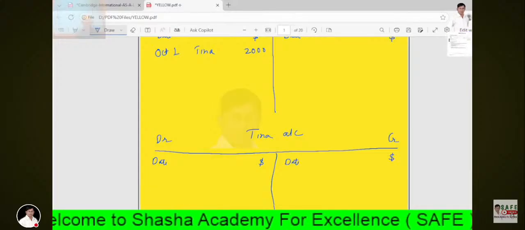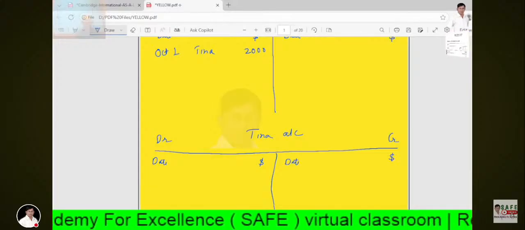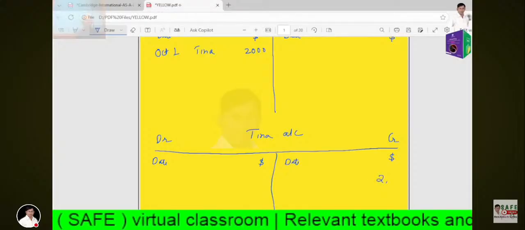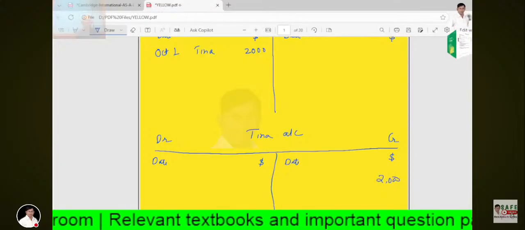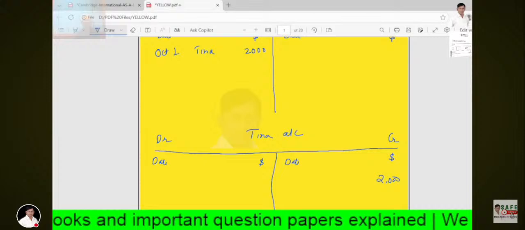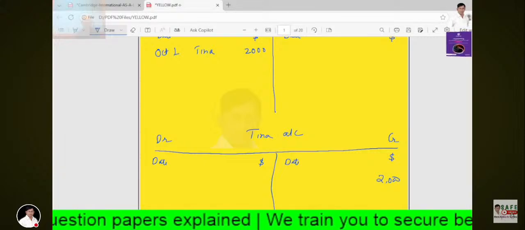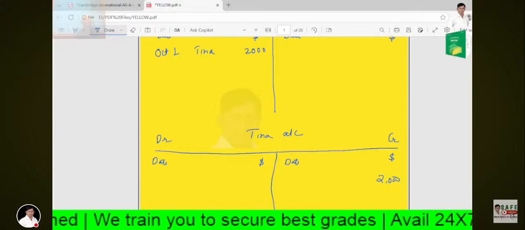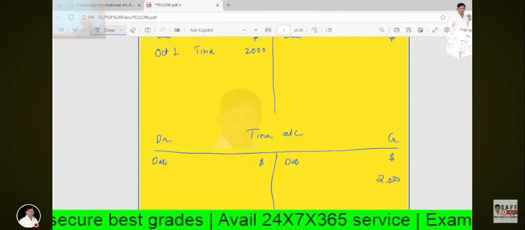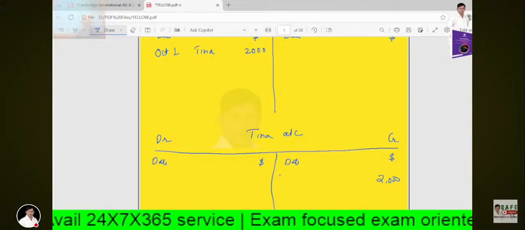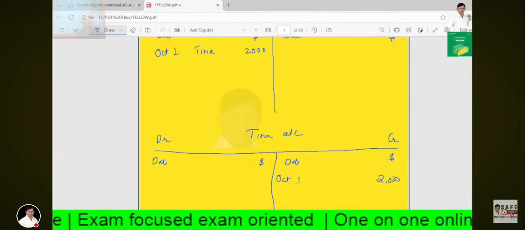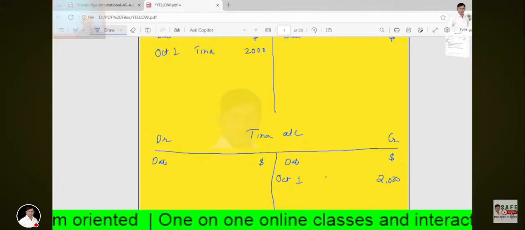Tina account will be credited. Tina account will be credited means you have to write here. So Tina account is credited. A lot of students get confused. Tina account credited means it is credited on October 1st because of purchase.